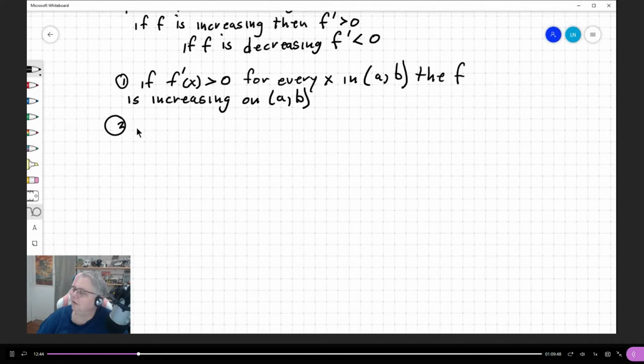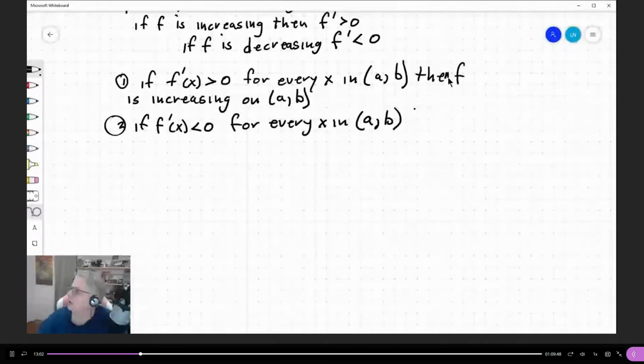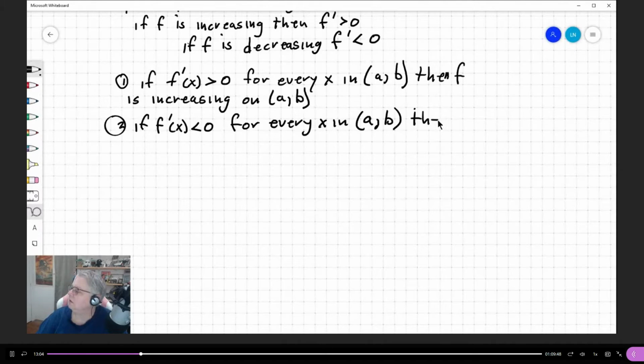The second part of this is, if f prime of x is less than 0 for every x in the open interval from a to b, then f is decreasing on (a, b).